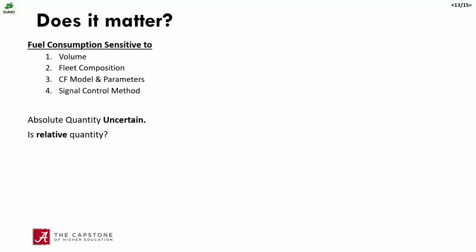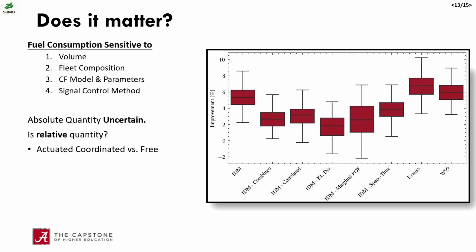If we want to report to the authorities that this signal control method could reduce fuel consumption by X, it would be great to have the absolute quantity right, but could we still get the relative quantity right if we don't know the fleet composition exactly, and we're doing an okay job of approximating the car following model? What we find is sort of.